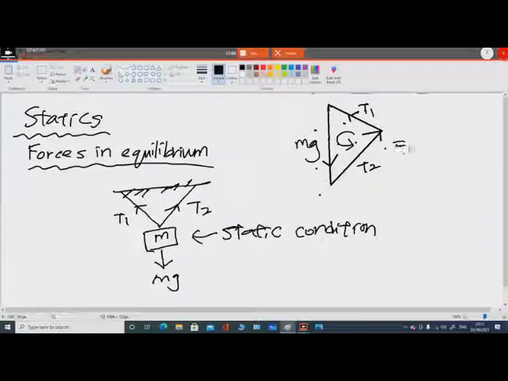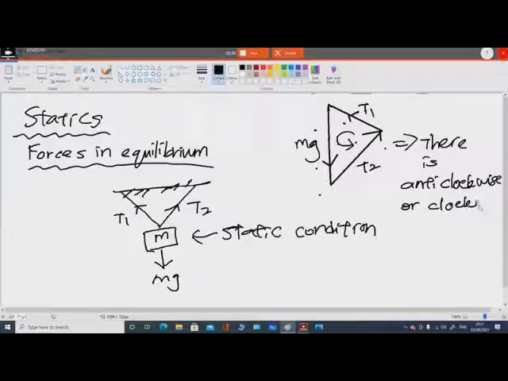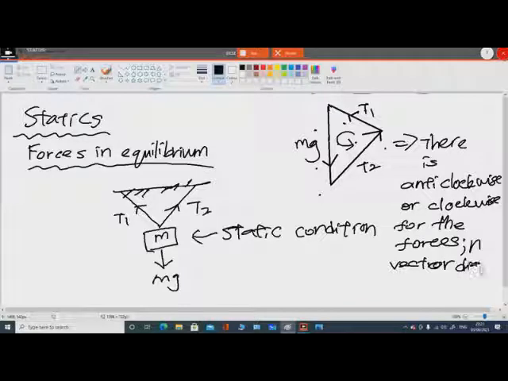If there is an anti-clockwise or clockwise direction for the forces in the vector diagram, hence the object is in equilibrium.